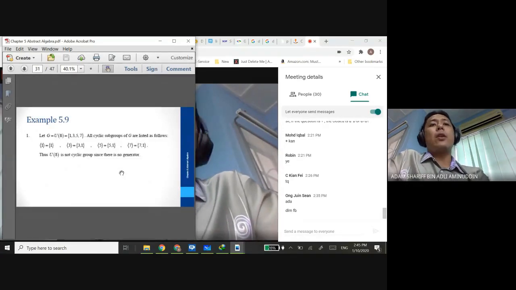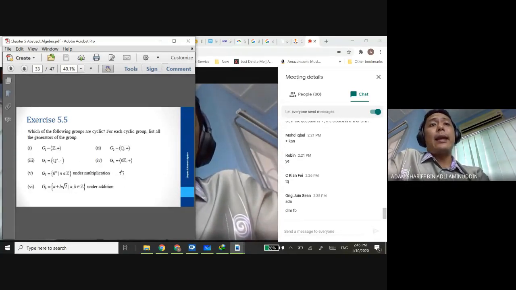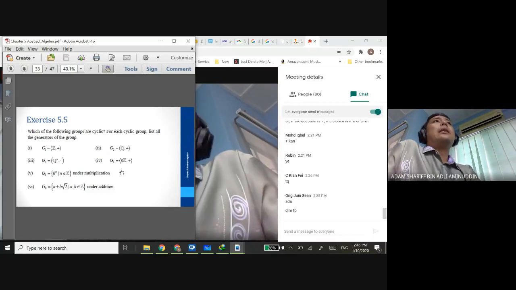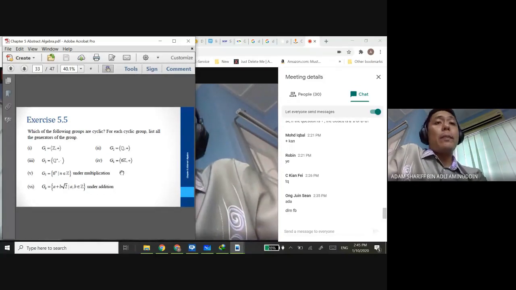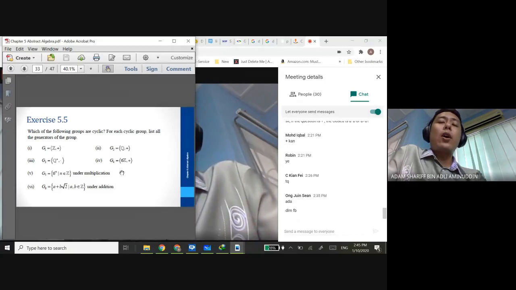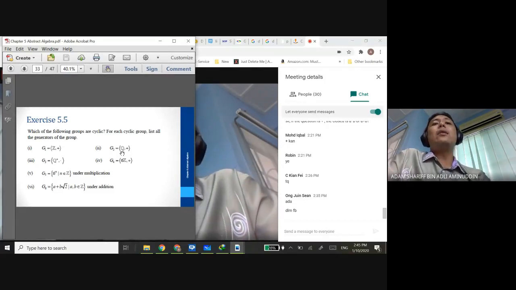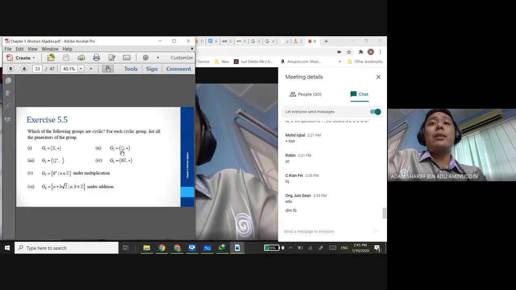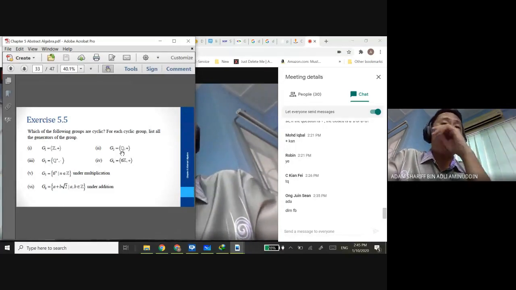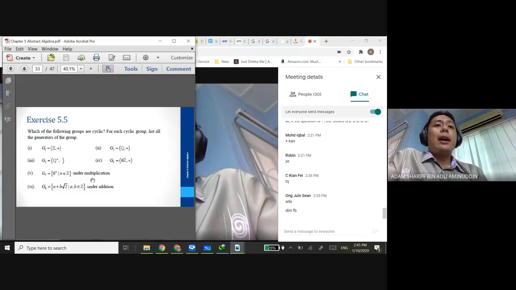That's why I focus on Z, Zn, Zn star, Un, and also matrix. What I really want to focus on is the element which involves integers. Q includes rational numbers, it includes fractions, so I do focus on the fraction. This one is even more, A plus B root, this is irrational, not integer.